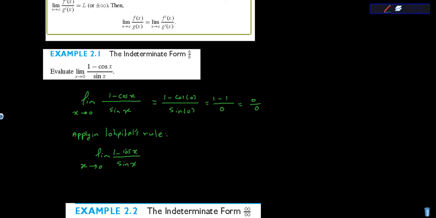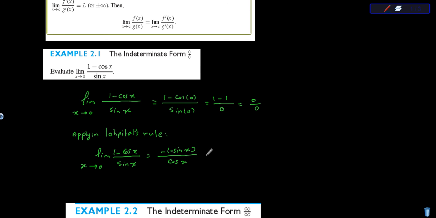You should differentiate: the derivative of 1 minus cosine x is sine x. Okay, this is the derivative of the numerator. The derivative of sine x is cosine x.